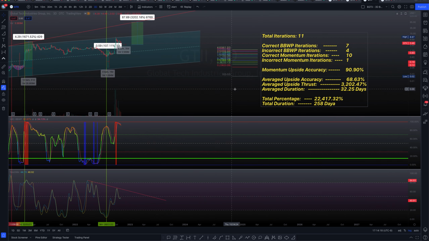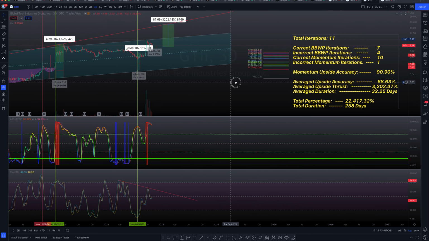So the momentum oscillator actually has, out of 11 iterations, it actually got 1 wrong. So we have 10 correct iterations. That gives us a momentum upside accuracy of about 90.90%. And I mean, it's not perfect, but it's very good to consider that it is guessing the upside 90% of the time, you guys, or over 90% of the times.